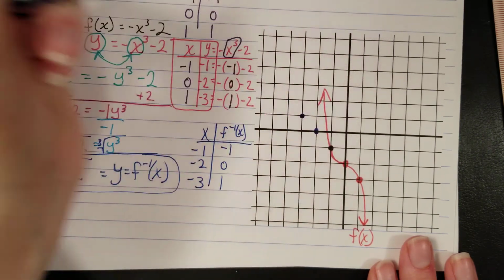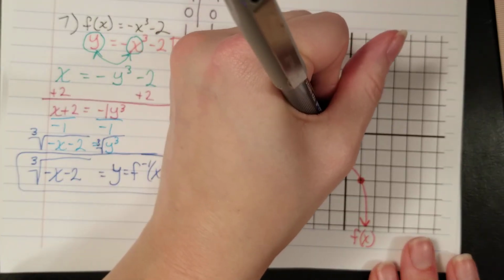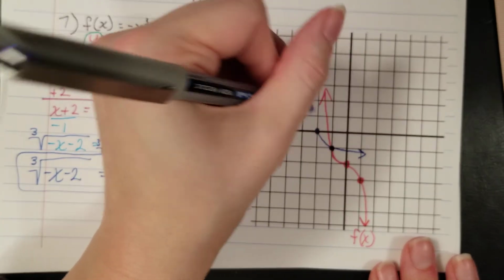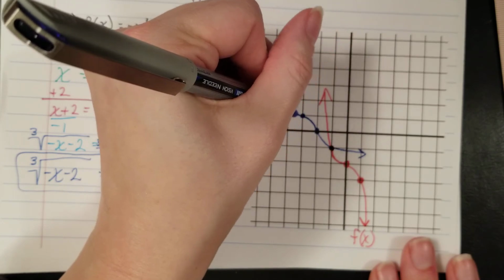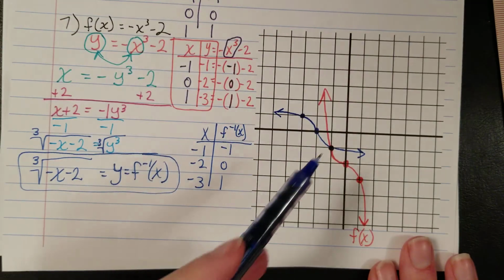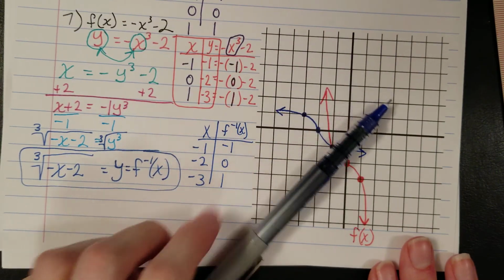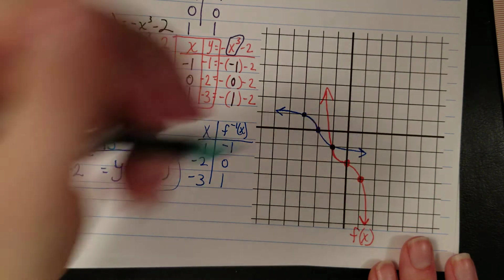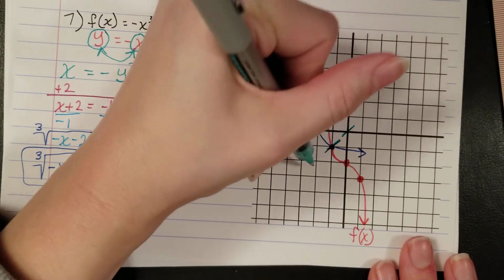And then again, remember the shape, it's a cube root. You can also know that it's supposed to be a reflection over that y equals x line, so this line.